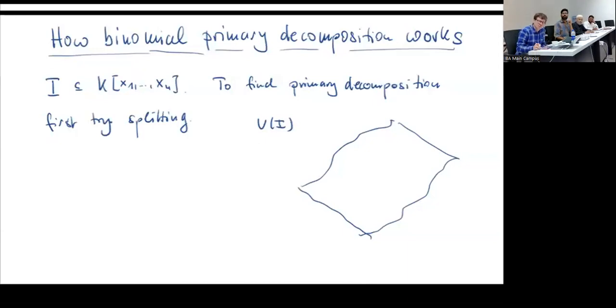Okay, so I was just drawing this sheet of the variety, and now if we do primary decomposition, then we expect that this is somehow a reducible set. So maybe there's another component that's a curve, and then there are some isolated points somewhere. So it's a reducible algebraic set, and we want to find the components.